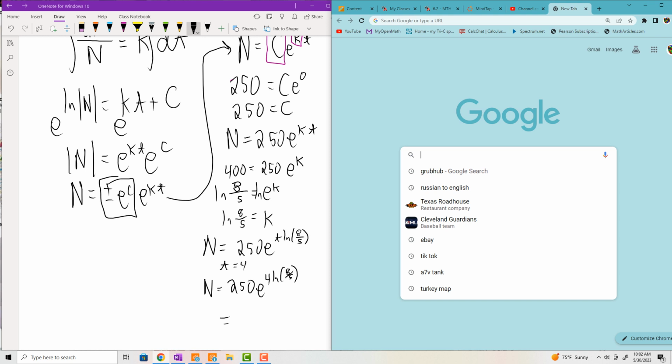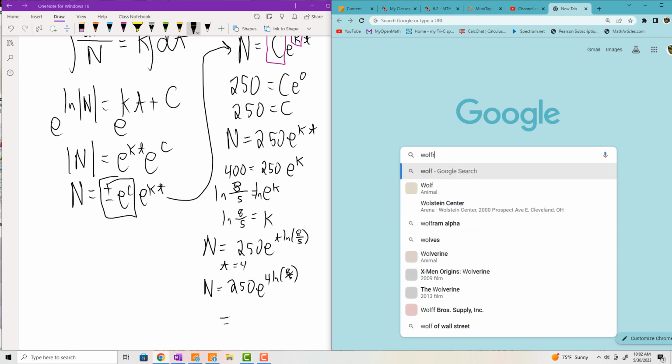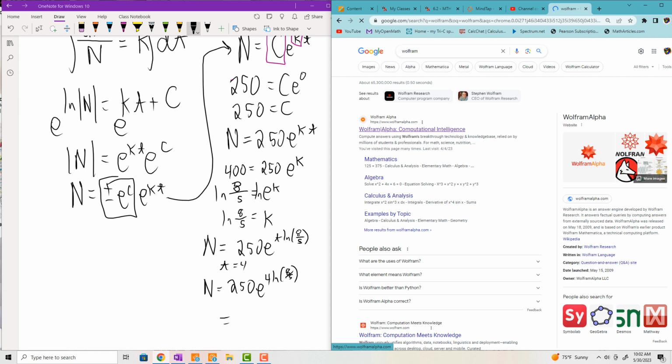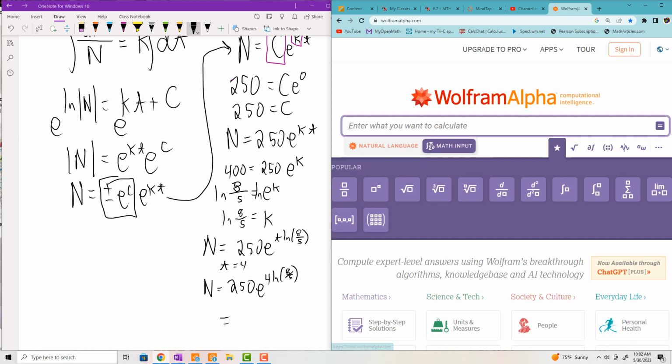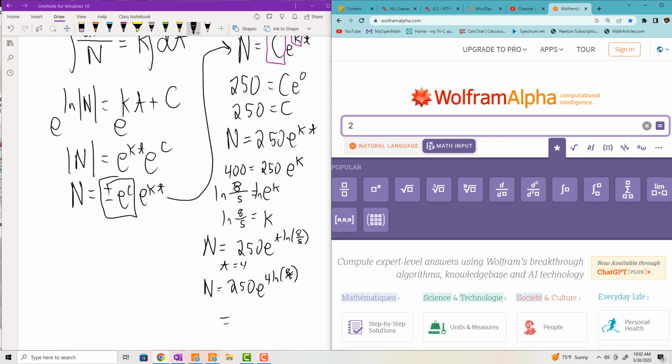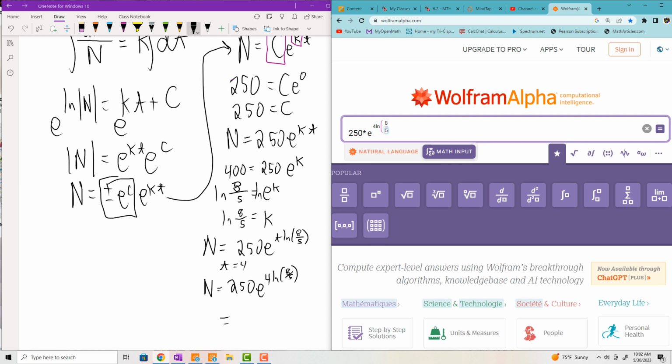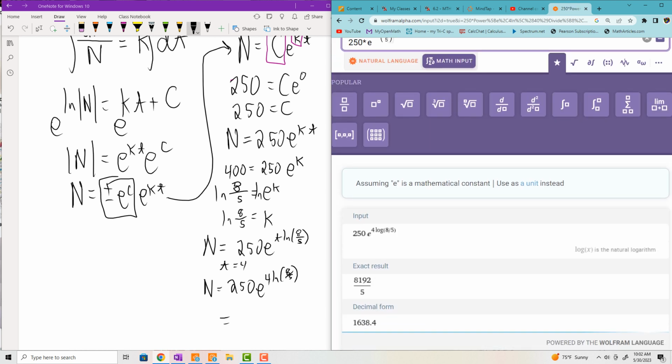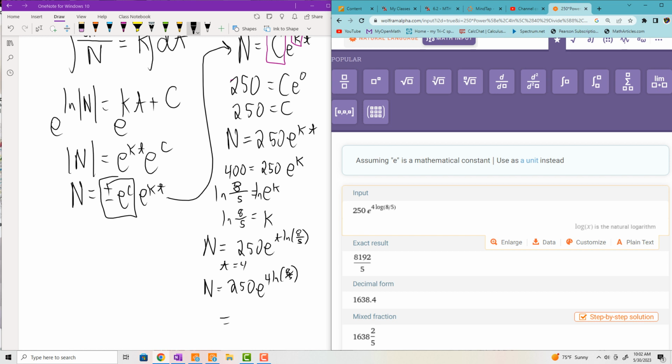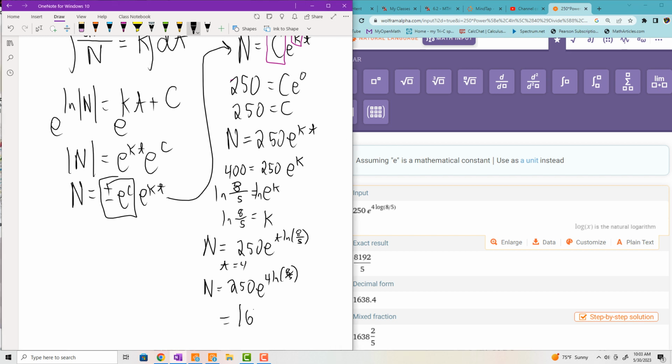So I'll go to Wolfram. And I'm getting 1638.4.